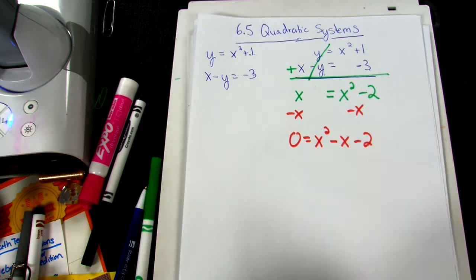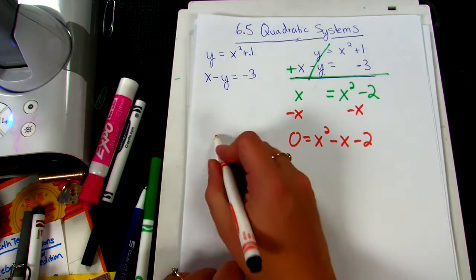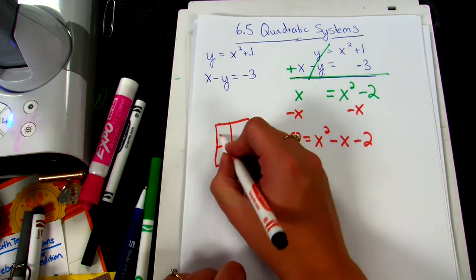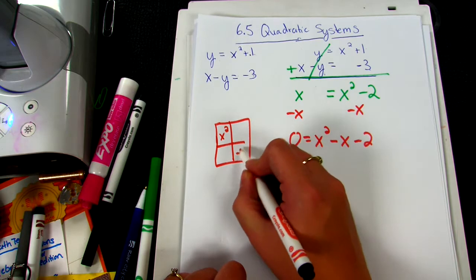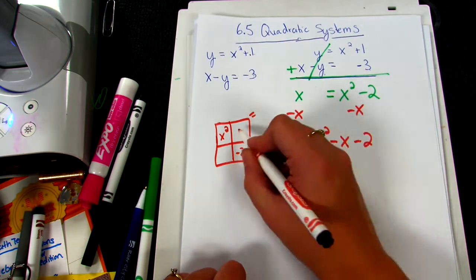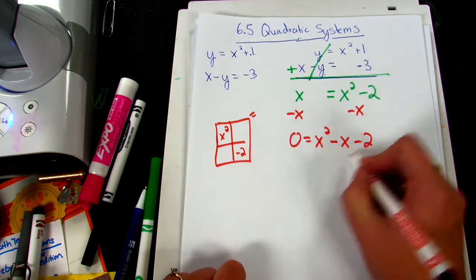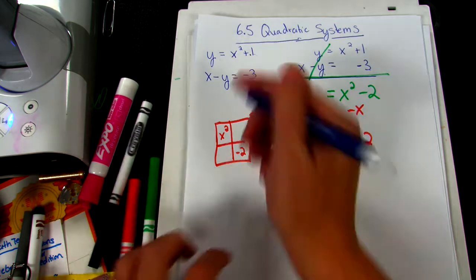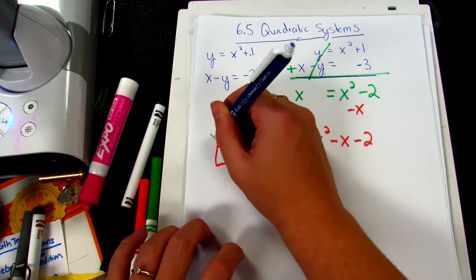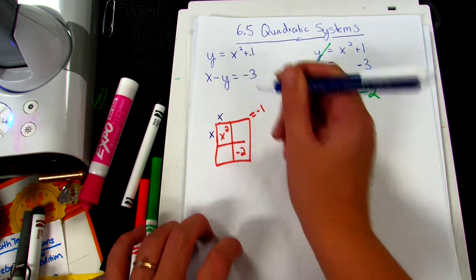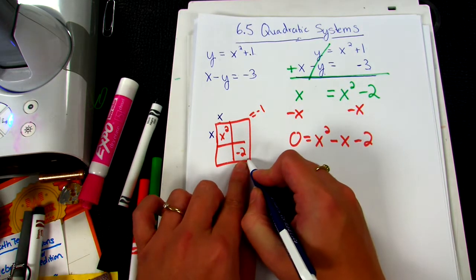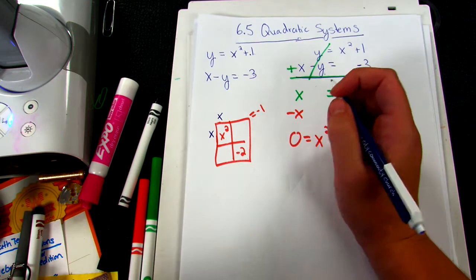And now that you have this, you're going to factor it, okay? So we can reverse our box method if we need to. We know that this is supposed to be x squared, this is supposed to be negative 2, and the two middle boxes have to add up to negative 1, right? So we know already that this will be an x and this will be an x to make it x squared. So now we think: two numbers multiply together to get negative 2 that add up to negative 1.